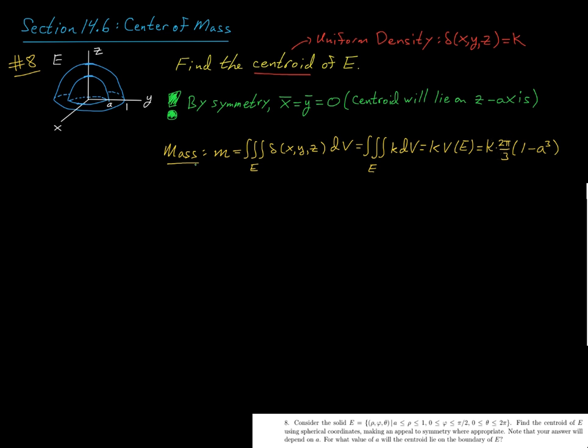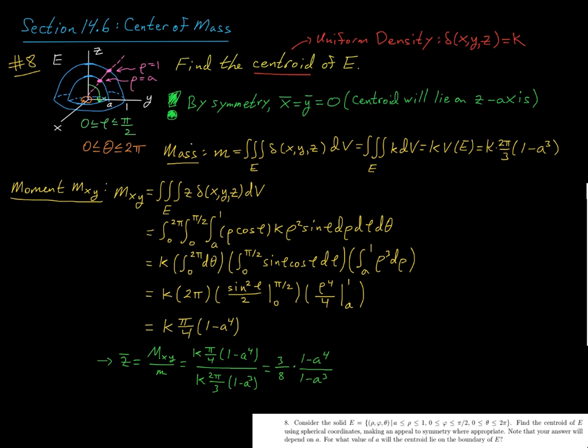Okay, so now let's go ahead and look at computing the moment. And since we know x bar and y bar are 0, we really just need z bar. And so we really now need to compute just the xy moment. So we have our bounds here for rho, phi, and theta.